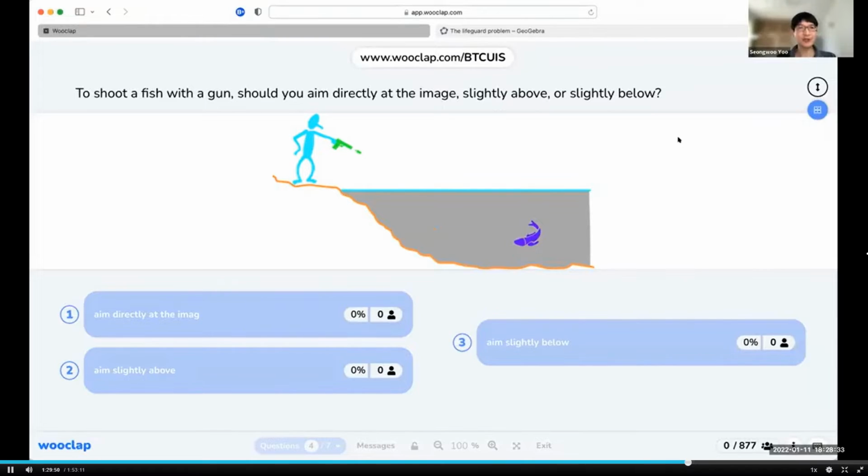To shoot a fish with a gun, should you aim directly at the image, slightly above, or slightly below? How do you want to catch the fish?